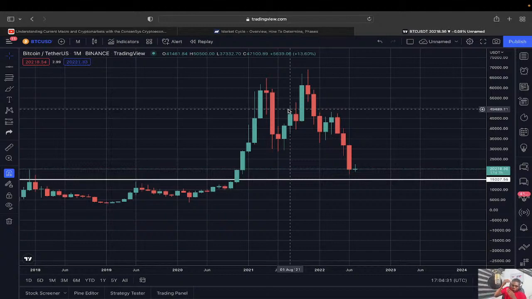The more you go down to the lower time frame, the clearer you see what is currently happening in the market.